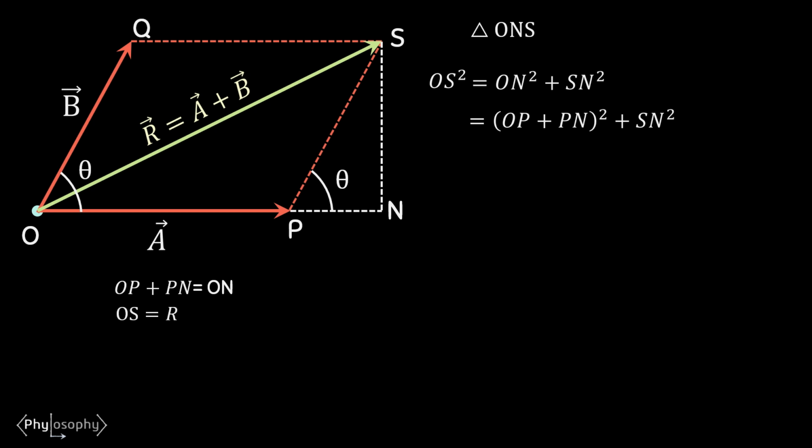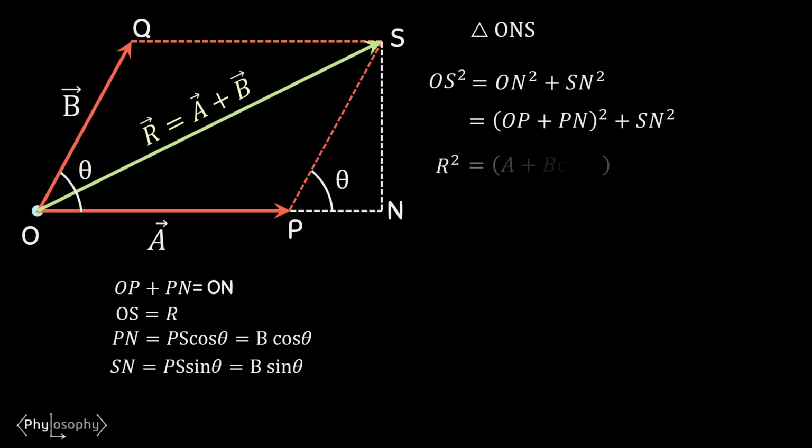Now OS represents the magnitude of the resultant vector R, PN is B cos theta and SN is B sin theta. Therefore if we put these relations, then we will get R squared is equal to (A plus B cos theta) whole squared plus (B sin theta) whole squared. Here OP represents the magnitude of the vector A.